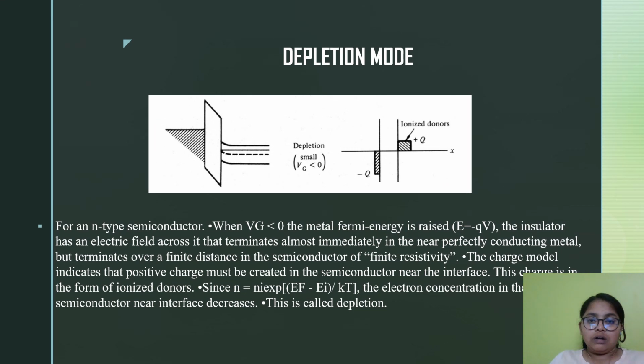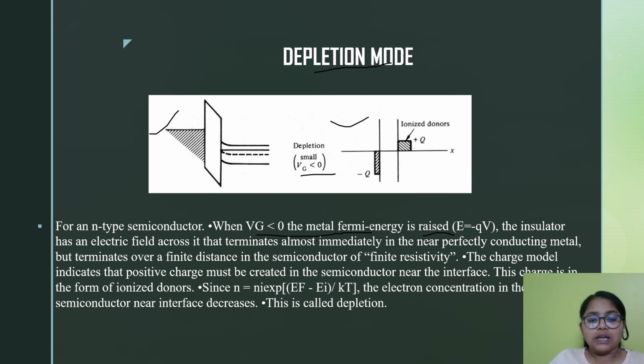Let's see about depletion mode, and this will be the diagram for depletion mode. In depletion mode, the gate voltage Vg will be less than 0. So when Vg is less than 0, the Fermi energy is raised, whereas in accumulation mode, when Vg is greater, the Fermi energy will be lower, and in depletion mode, Vg will be lower, so the Fermi energy will be higher.